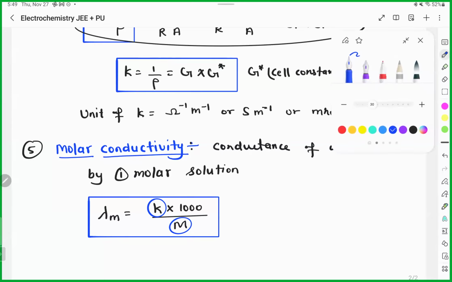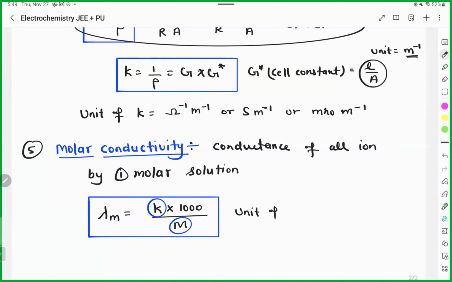What will be the unit, Samarth, in this case? Unit of molar conductivity. What is the unit of kappa? Ohm inverse meter inverse, like Siemens per meter. If Siemens per meter, here in the molar, what will be the unit?